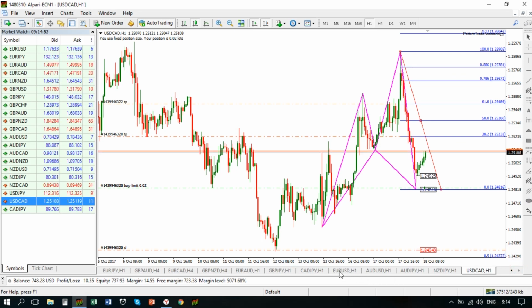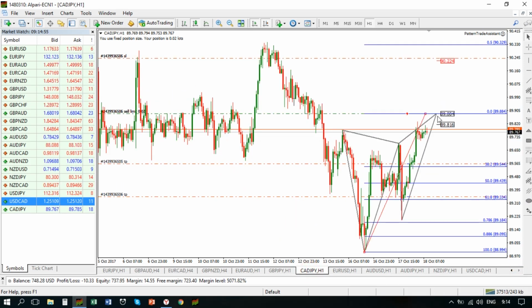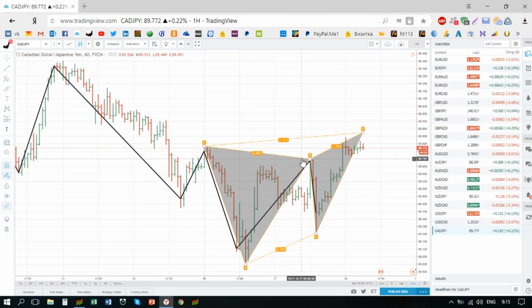Canadian yen, come on, this one, yes, it is very, very close to completion. If you use that automatic scanner and it was found by automated scan, then you can probably stay away. You should probably stay away.